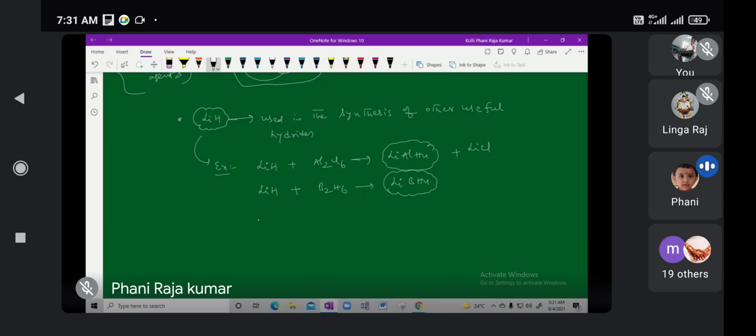Lithium aluminium hydride and lithium borohydride. Now these compounds act as reducing agents.